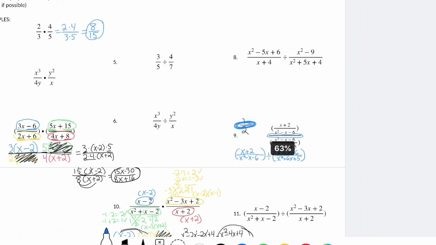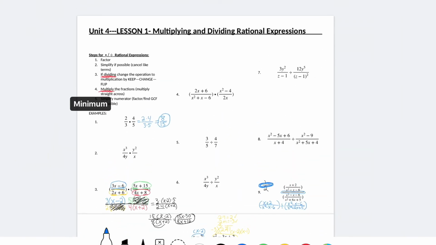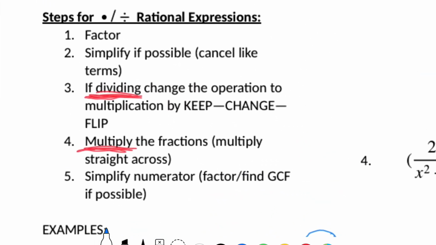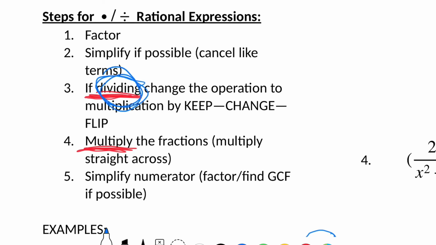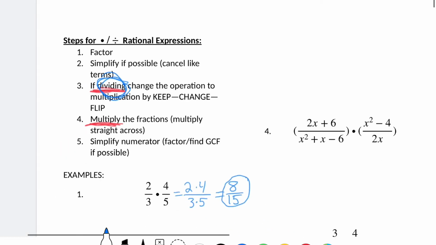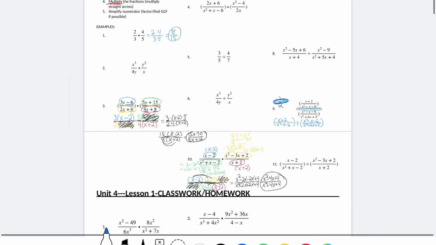If we go back to the top corner of our notes, if we are dividing, we have to change the operation to multiplication: keep, change, flip, or keep, change, change. I like the words keep, change, change, because that's what you're going to do.